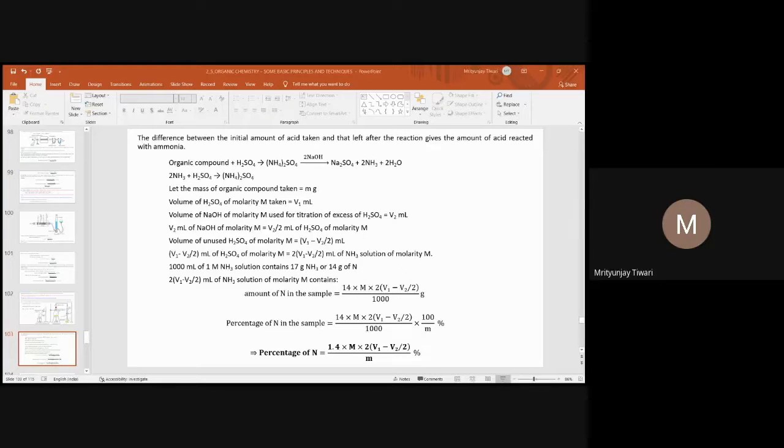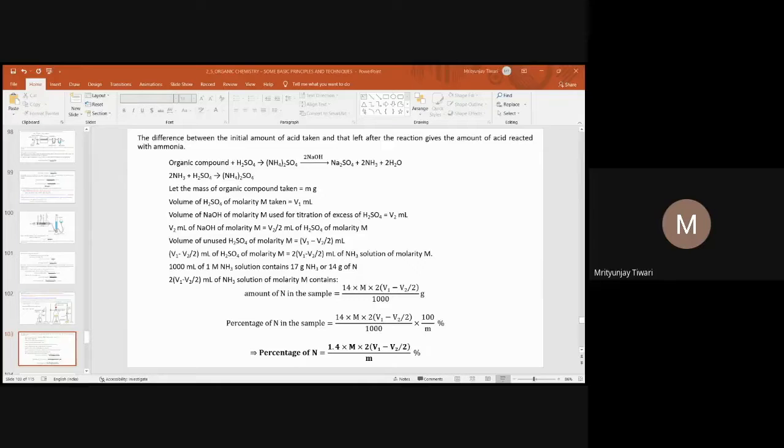Because M1 gram of AgX is formed, M1 gram of AgX will contain A divided by M into M1. A is the molar mass of X, which is nothing but the average atomic mass of X, and M is the molar mass of AgX.